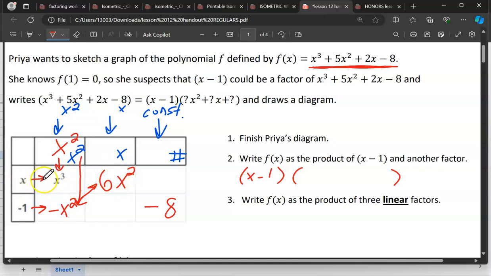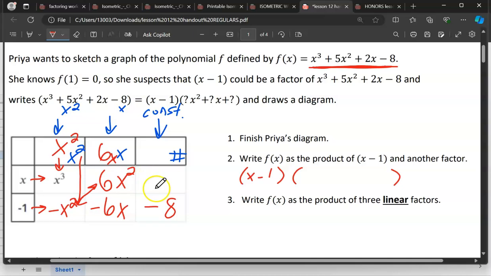Well, I took row x times column 6x. All right, 6x, not y. So if I double check, x times 6x got me 6x squared. Then I can come down and fill in this box. Because I've locked in my column, I've locked my row, 6x times -1, I get negative 6x.